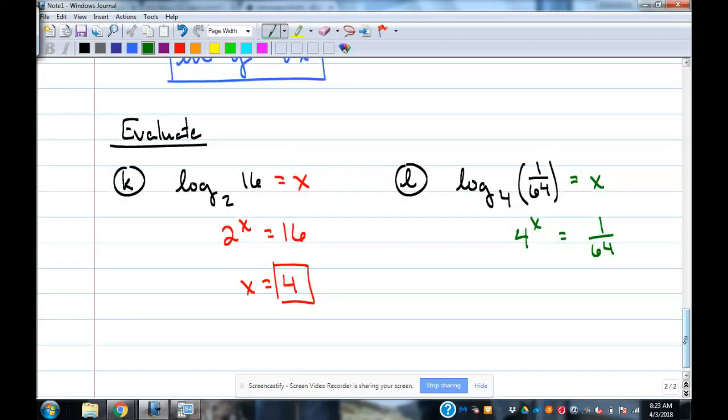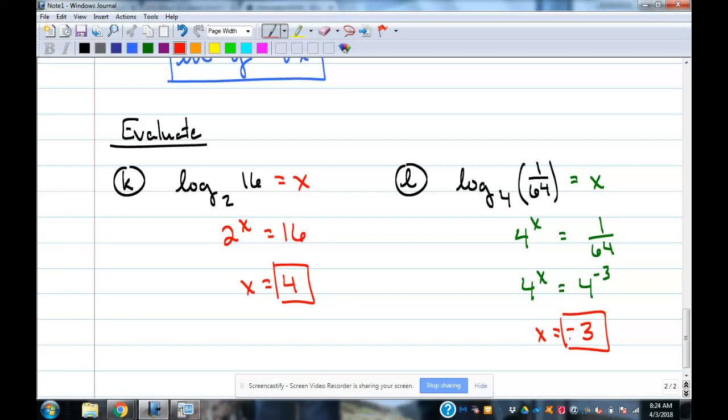Think about what 64 is in terms of a 4. 64 is 4 to what power? Yeah, 1 over 64 would be 4 to the negative 3. If 4 to the x is equal to 4 to the negative 3, then what does x have to be? Negative 3, right? If those are going to be equal, then the exponents have to be the same. So x would have to be negative 3.